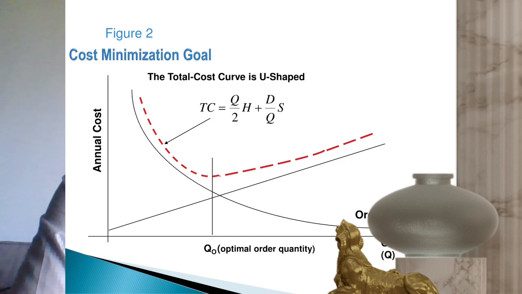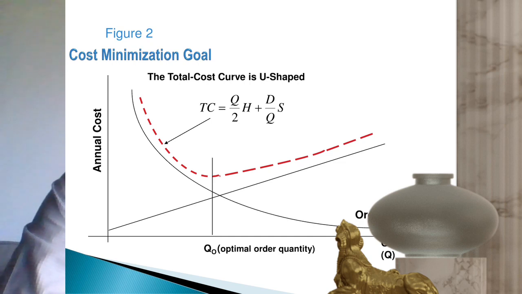Then this curve is the ordering cost curve. When the quantity is less, the number of orders will be more.